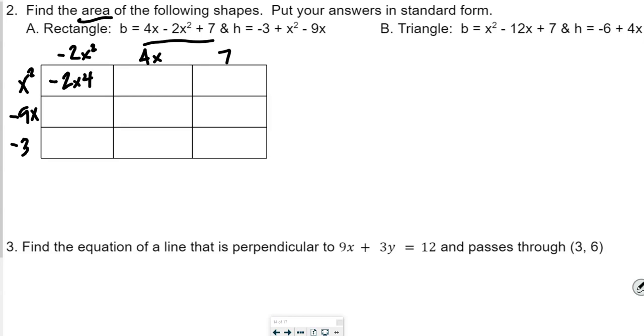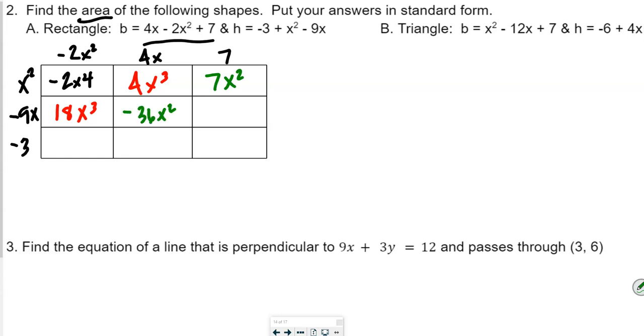I'm going to do these in different colors here. 4x times x squared is going to be 4x to the 3rd. I'm going to go down here to the negative 9x times the negative 2x squared. So that's going to be 18x to the 3rd. Okay. Now we're going to go to the 7 times x squared. So that's going to be 7x squared. 4x times negative 9x would be negative 36x squared.